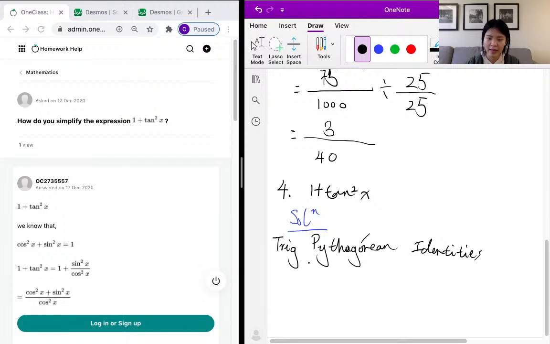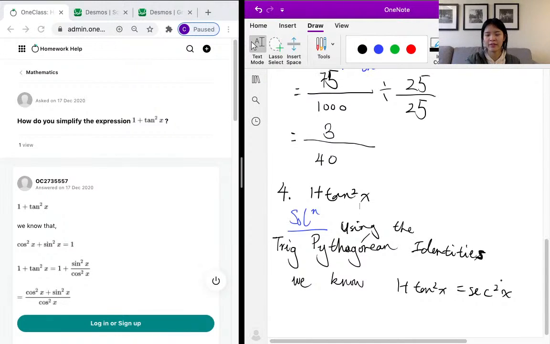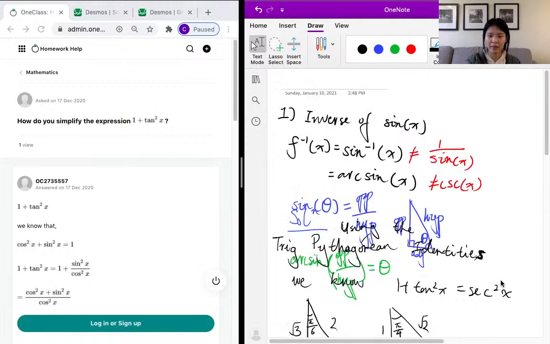So you can just say, using the trigonometric Pythagorean identities, we know 1 plus tan squared x is secant squared x. Okay, so that is the first way that we can try to approach this problem.